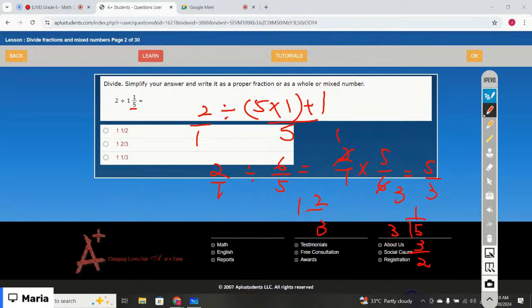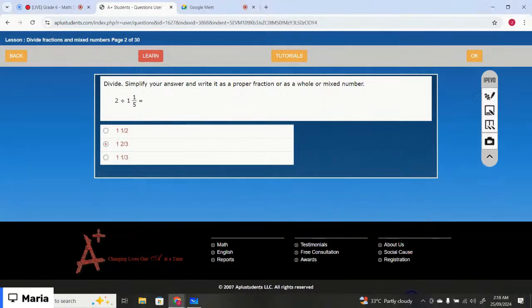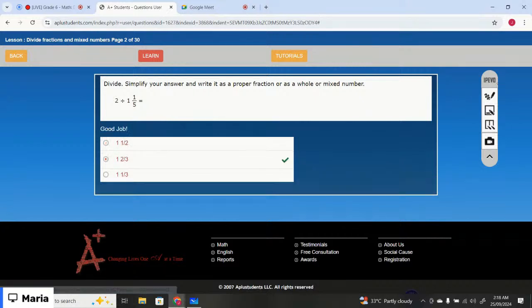So the correct option is 1 whole 2 over 3. The correct option is option number 2.